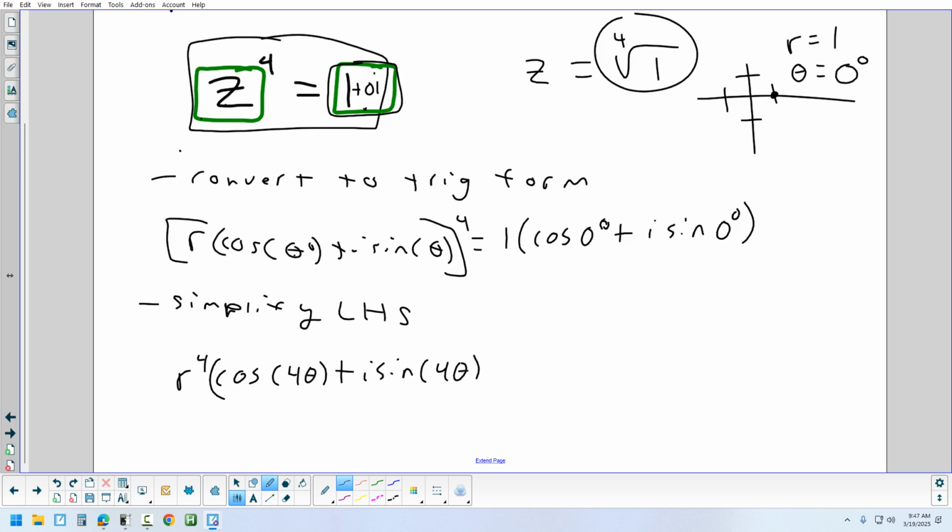Yep. That's all I'm going to do in that step. So I've done out the 4th power on the left. Keep the right exactly the same. Okay. So now we have something on the left, we have something on the right. What is my expression for the radius on the left side?